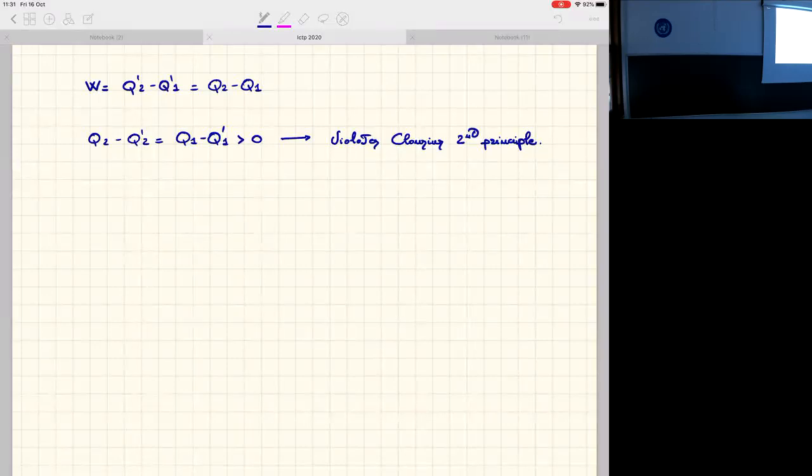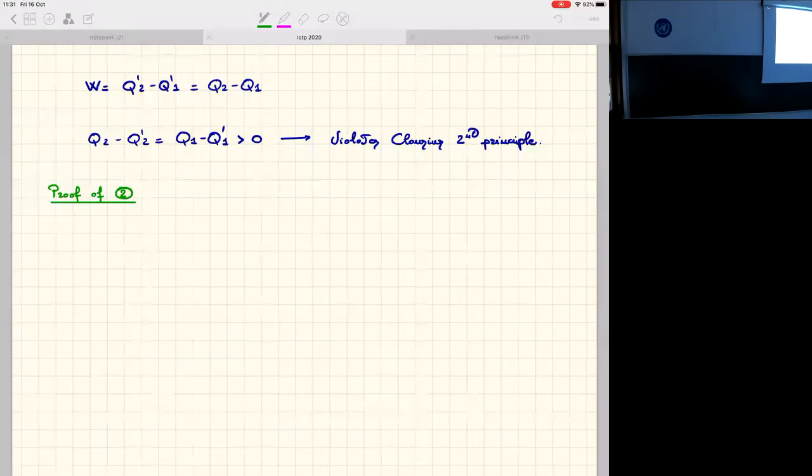Now, let's go to the second statement, proof of 2. I said that the first statement proves that for any reversible engine, you will get the same efficiency, and that's the Carnot efficiency.